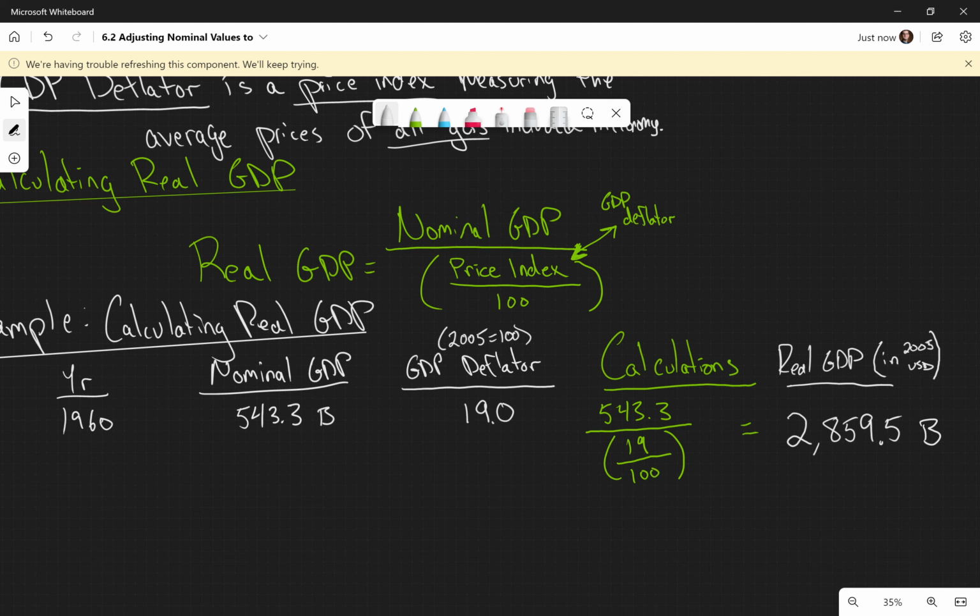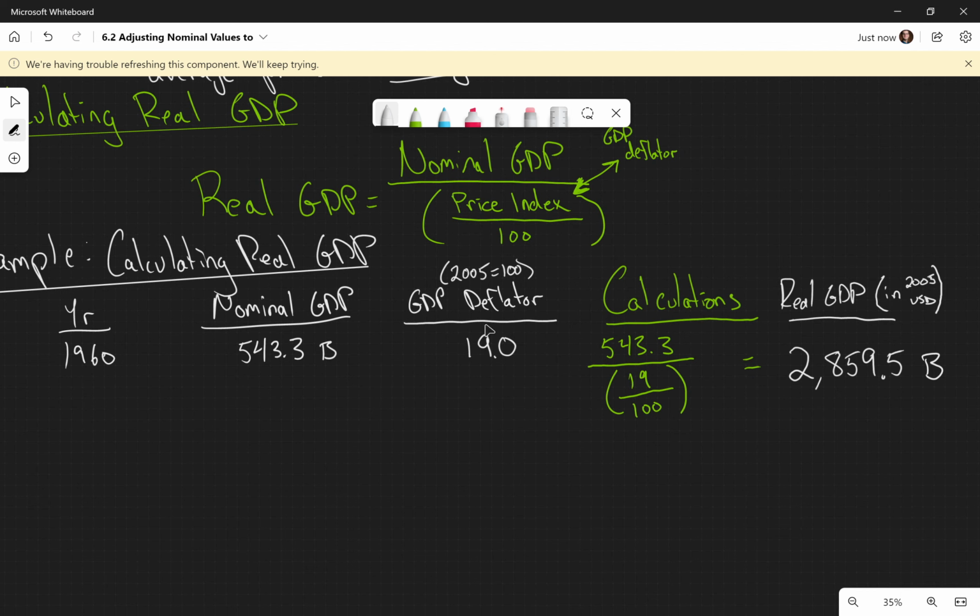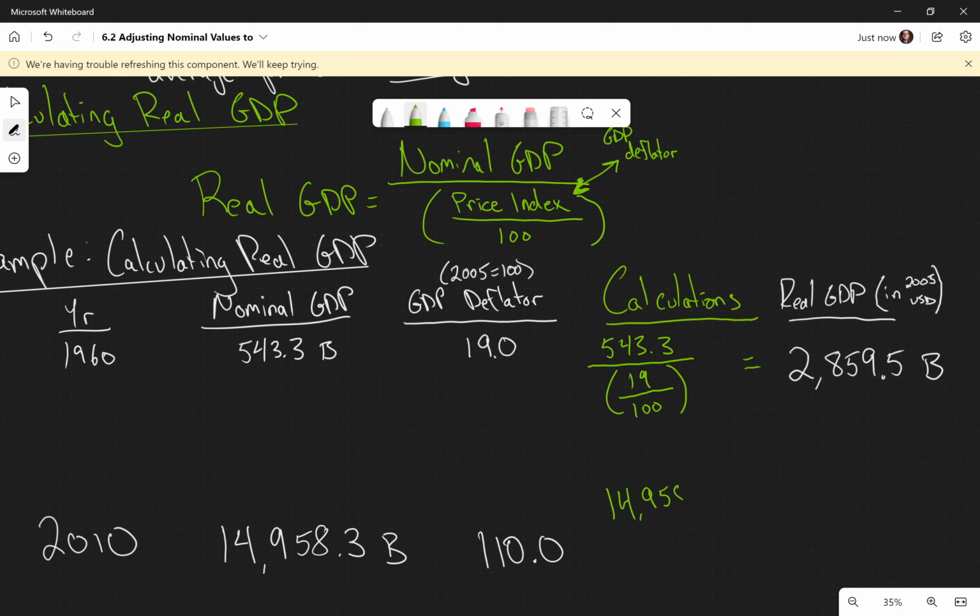Now let's go ahead and do 2010. So 2010, we have a nominal GDP of $14,958 billion. We have a GDP deflator that is 110.0. And so again, in order to do our calculations, we're going to take this and put it in the numerator, 14,958.3.